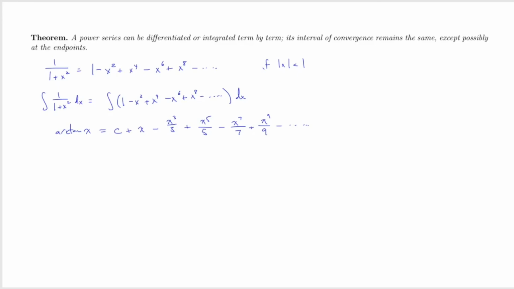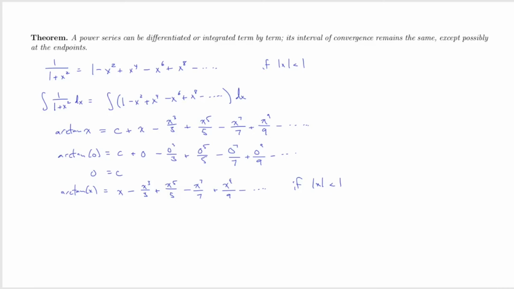It would be lovely if we could get rid of it, and it turns out that we can. If you plug in the value x equals 0, we get that the arctangent of 0 is the constant, plus 0 minus 0 cubed over 3, plus 0 to the fifth over 5, etc. And all those values have some power of 0 in them, so they're all equal to 0. And the arctangent of 0 is 0 as well. And that gives us that the constant is equal to 0.